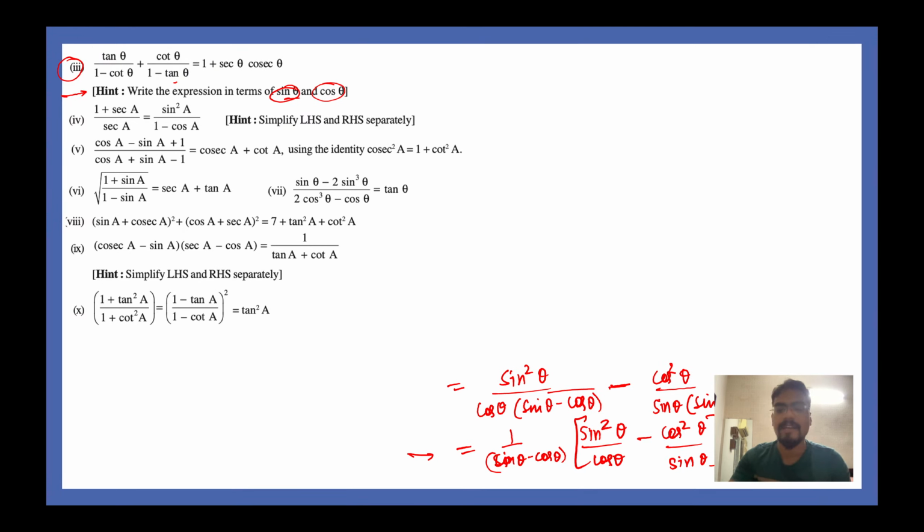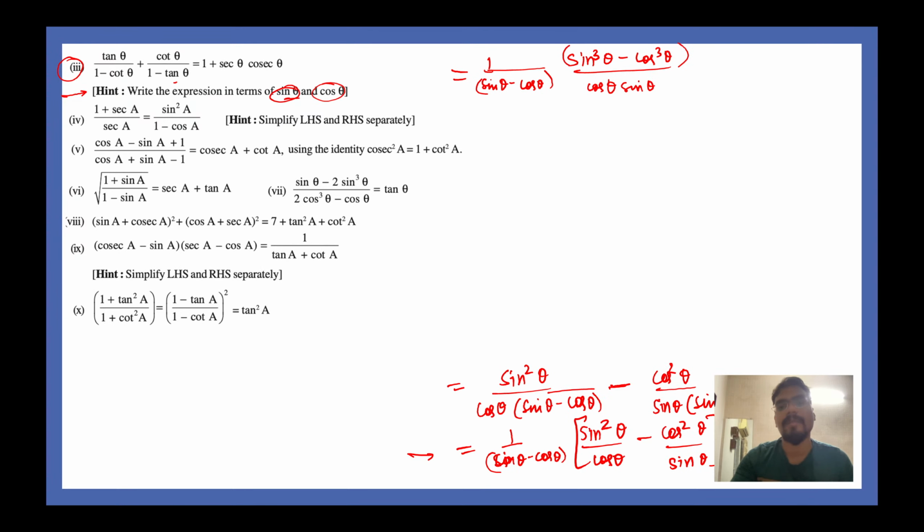So 1 upon sine theta minus cos theta. Now in the next step, we will get 1 upon sine theta minus cos theta multiplied by, see, this will be sine cube theta minus cos cube theta, and we took the LCM and this turned out to be cos theta times sine theta, right?